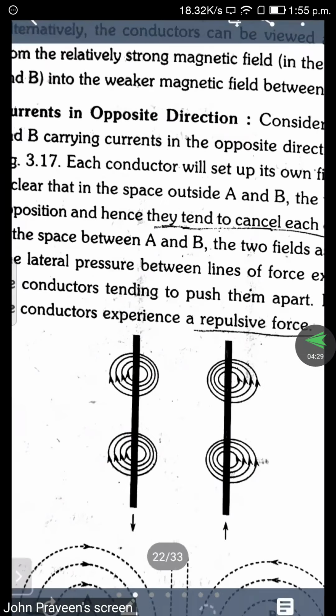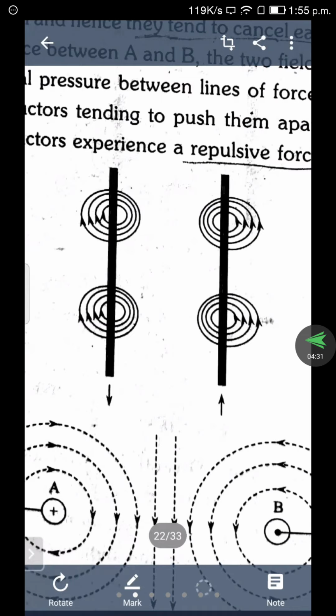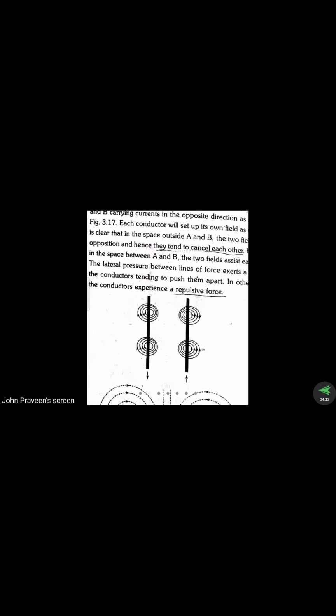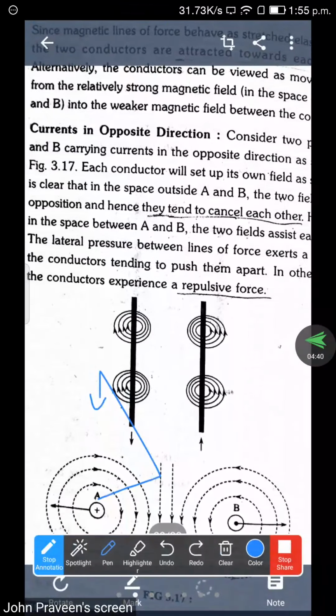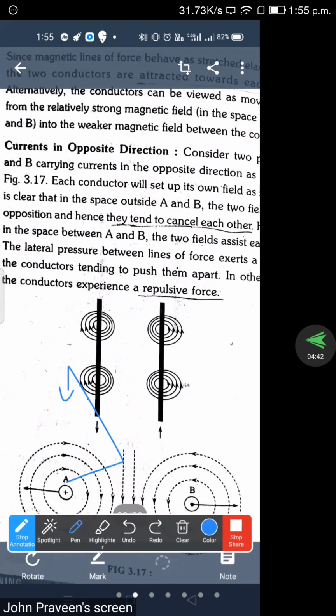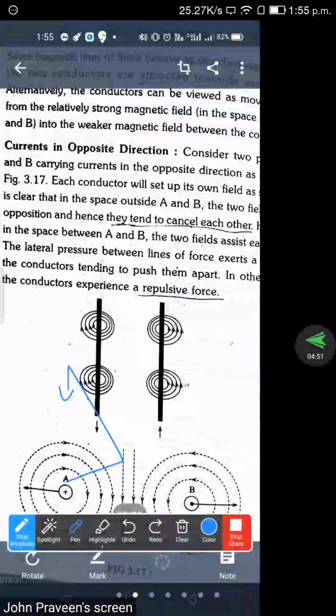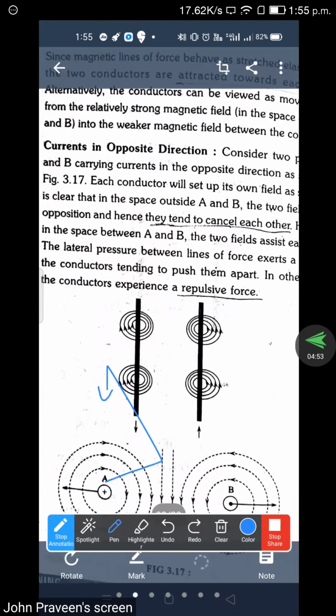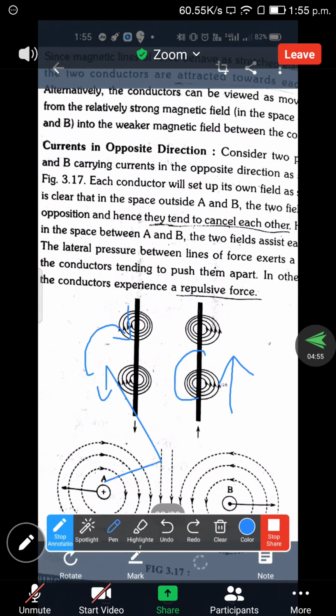Next, we think about whenever the current direction is different. Here we assume the current direction in conductor A is downward, and in conductor B the current direction we assume as upward. If we apply the thumb rule, the downward direction gives a clockwise magnetic field, and here a counter-clockwise magnetic field.